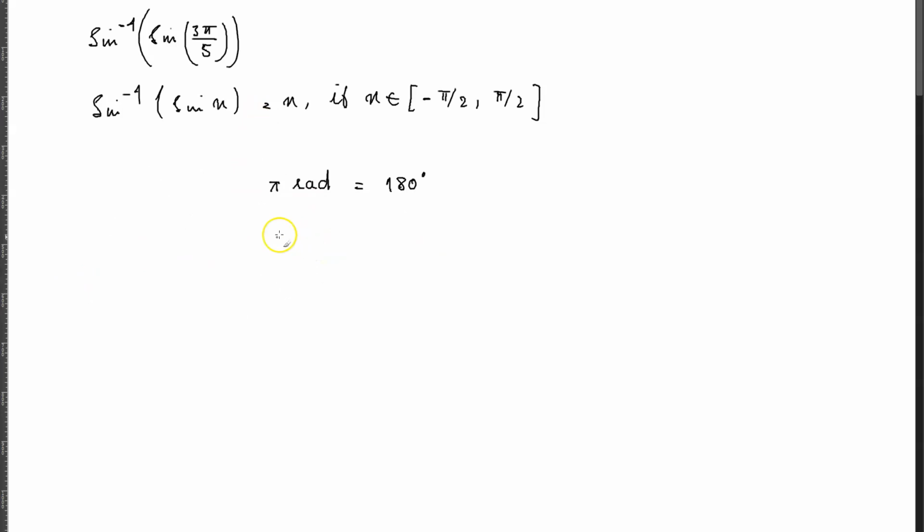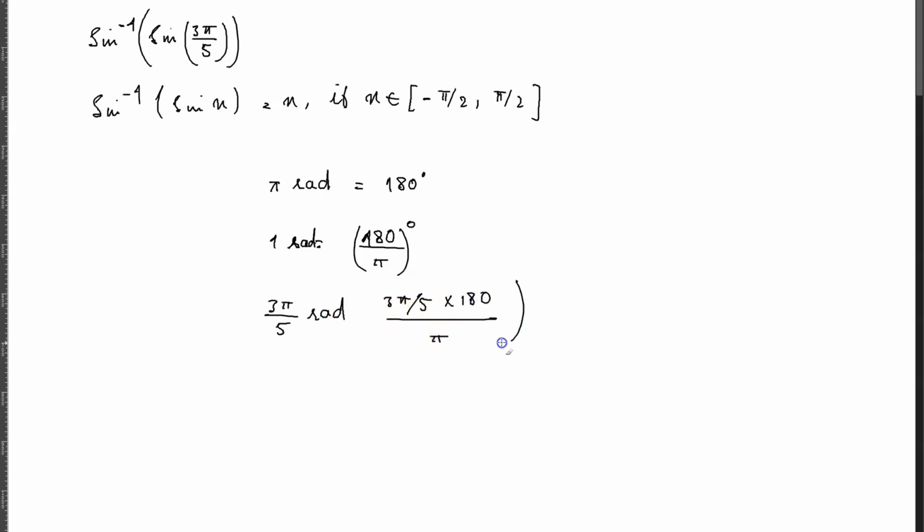So that means that basically 1 radian is the same thing as 180 divided by pi degrees, which means that basically 3 pi by 5 radians is the same thing as 3 pi by 5 times 180 divided by pi in degrees.